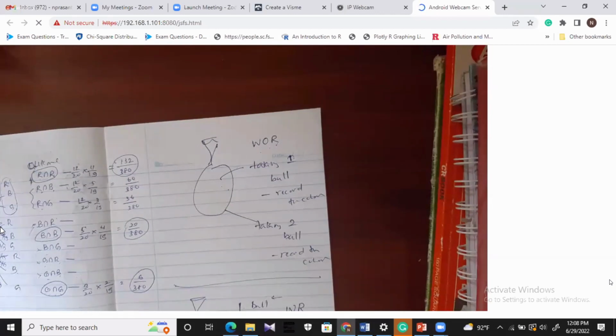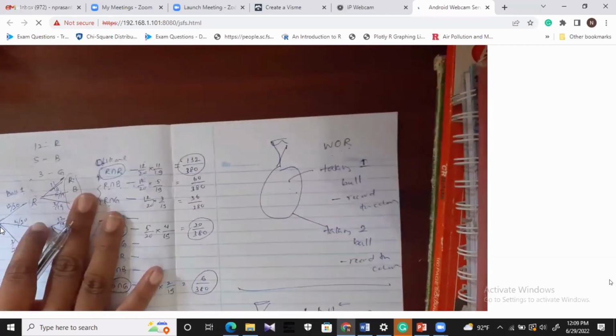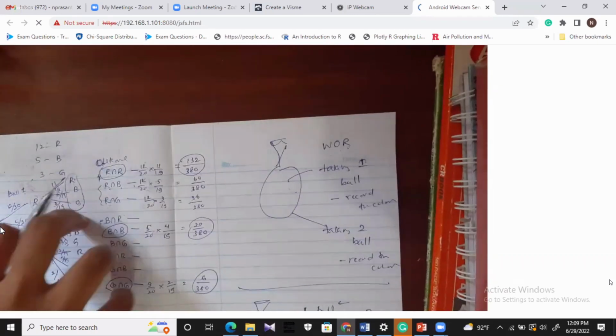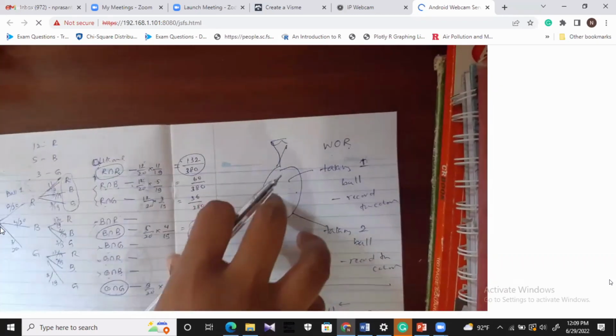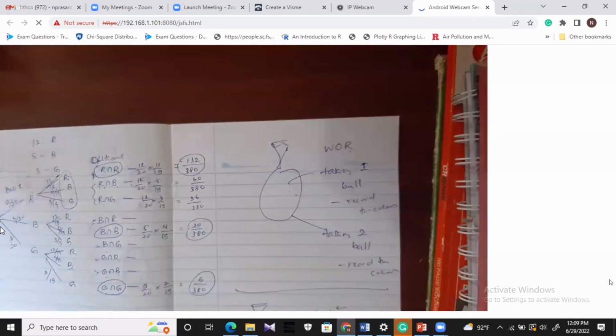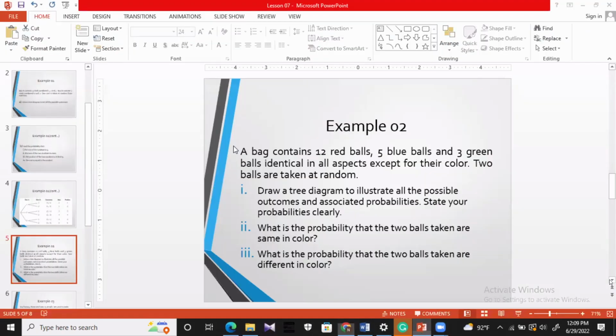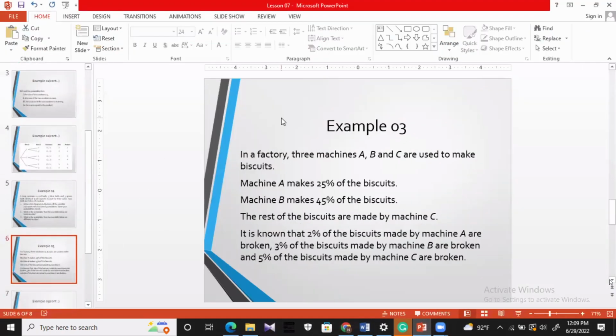So if you have this type of situation, taking two balls at random, you have to think of that situation as a without replacement case. Understand? Yes or no?